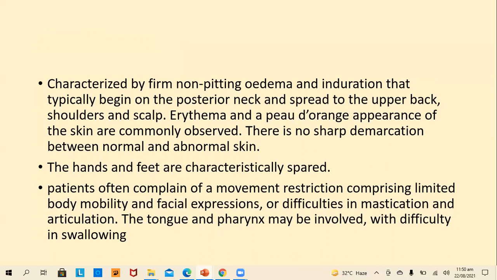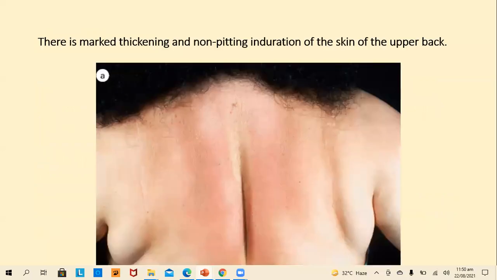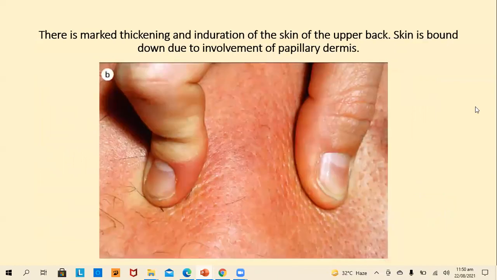Tongue and pharynx may be involved with difficulty in swallowing. There is marked thickening and non-pitting induration of skin of the upper back. Skin is bound down due to involvement of the papillary dermis.